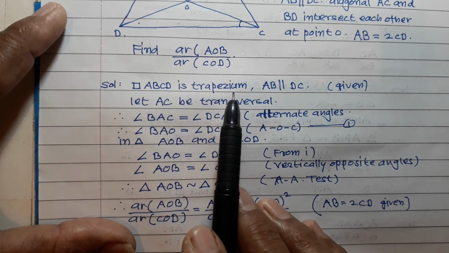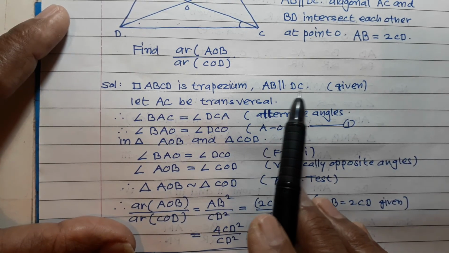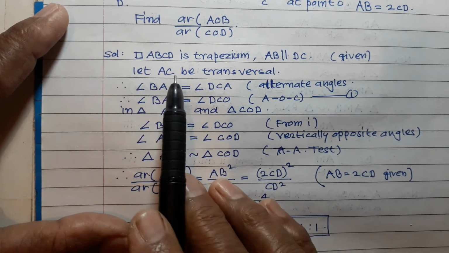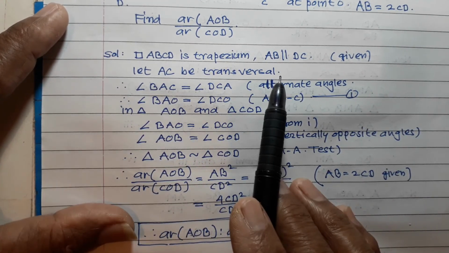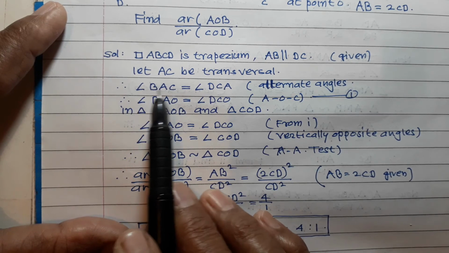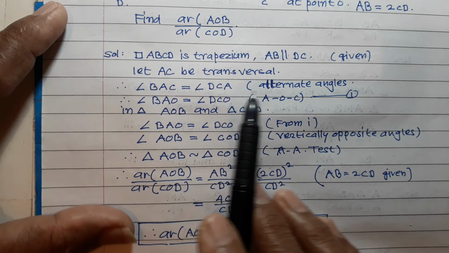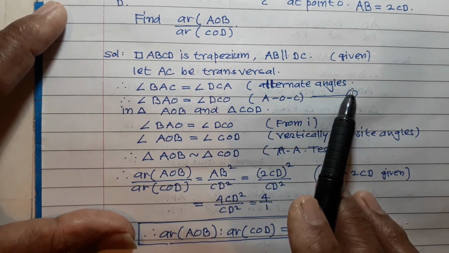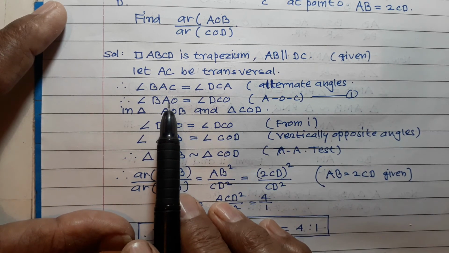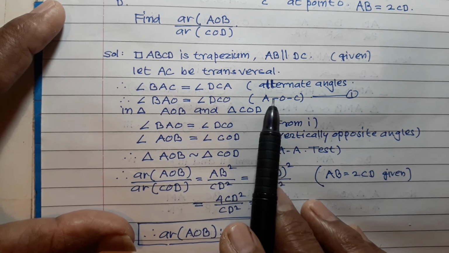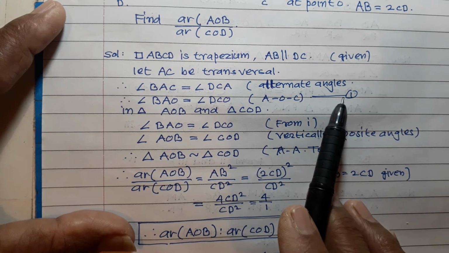Quadrilateral ABCD is a trapezium, AB parallel to DC, given, and let AC be a transversal, and therefore angle BAC is equal to angle DCA, alternate angles. Angle BAO is equal to angle DCO, statement 1.